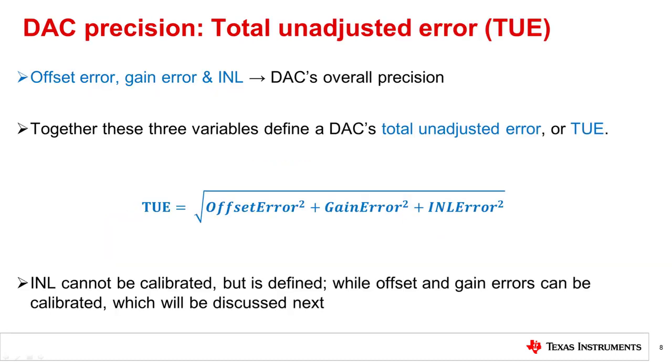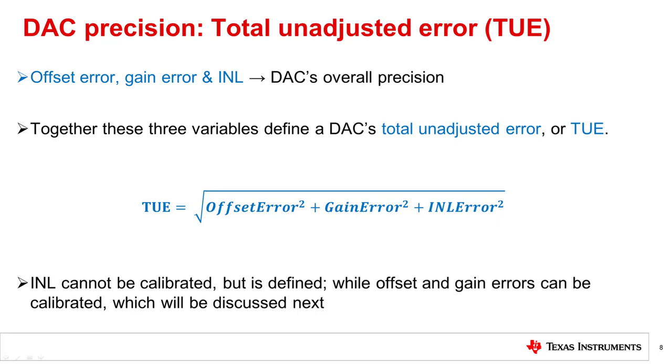When taken together, offset error, gain error, and INL are the three key inherent variables that affect a DAC's overall precision. Together, these variables also define what is called a DAC's total unadjusted error, or TUE. TUE is the standard method of calculating and expressing the total DC error of a DAC. The equation used to calculate TUE is as follows.